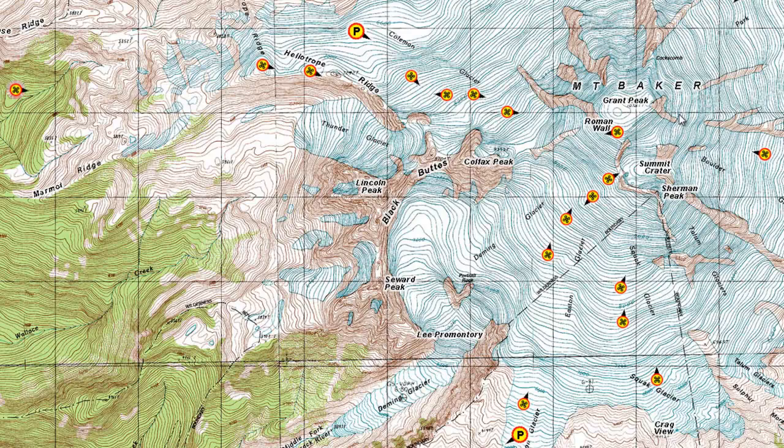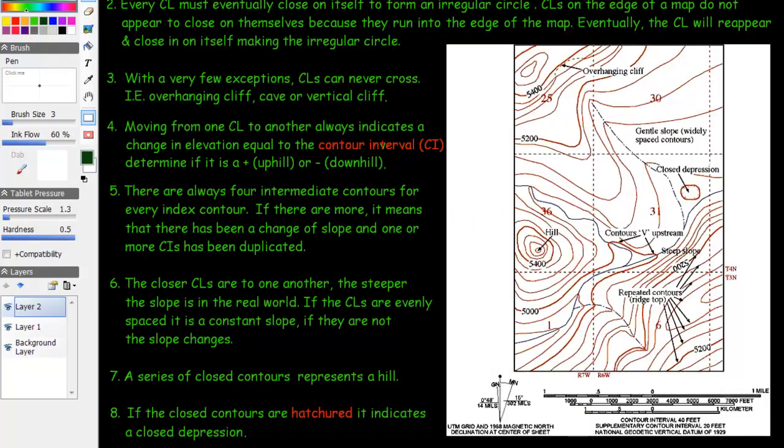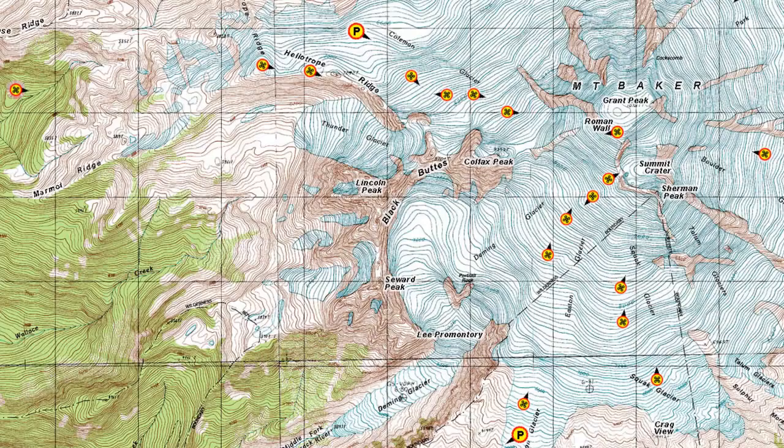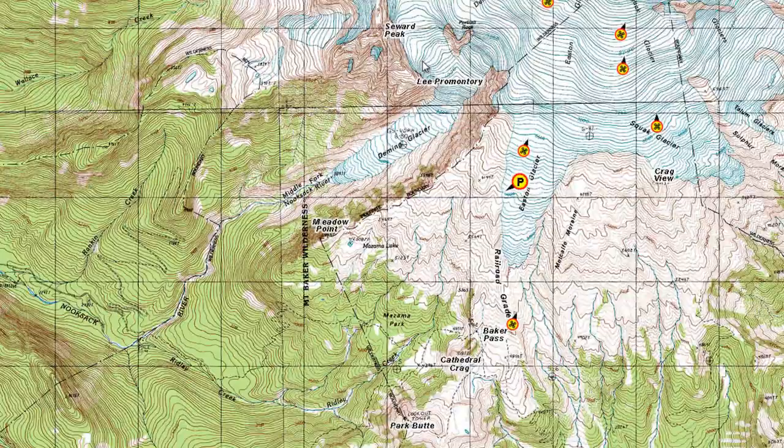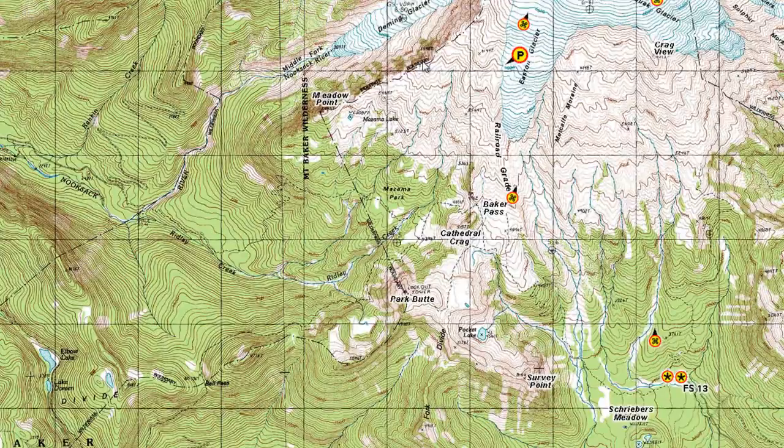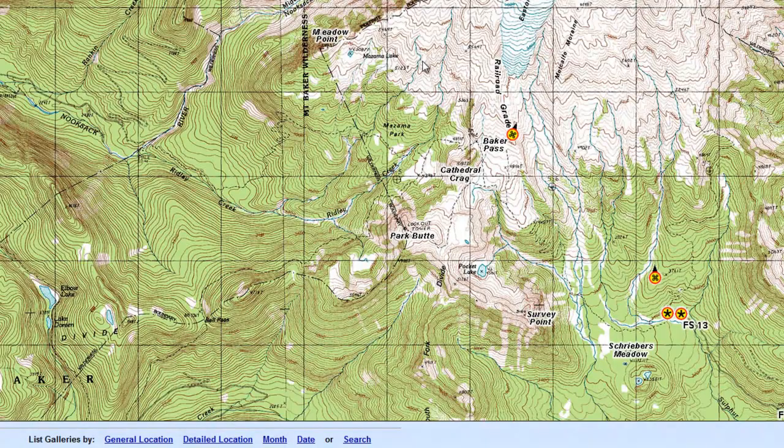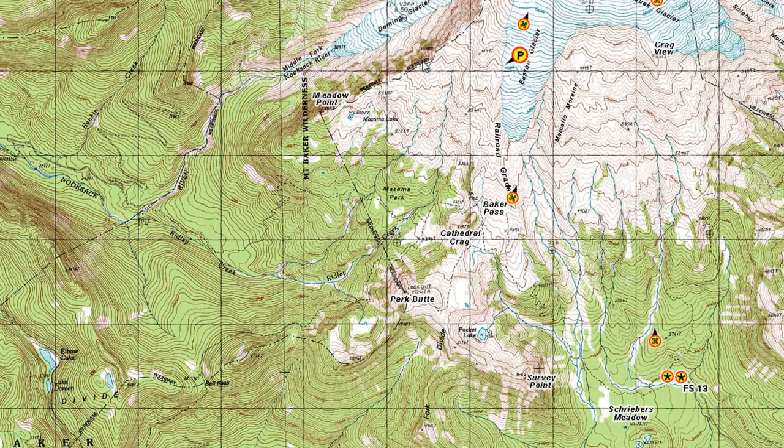And let's see what other kind of things are there. Points the contour line represents, they're closed if the map's big enough. Few exceptions, they can't cross. Okay, so contour lines can't cross, and if you take a look, they don't cross. There are a few exceptions, but I didn't see any exceptions on this map, and that's why they call them few exceptions, because it just doesn't happen very often.